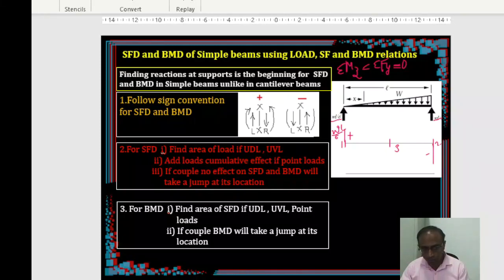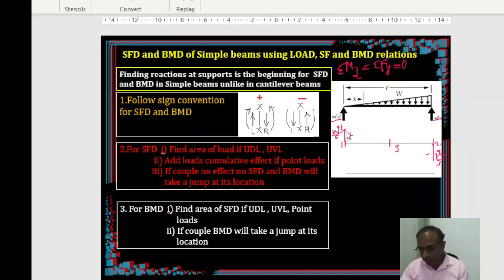Okay, so this component is WL by 3. Okay, now it's moving from positive to negative. That means minimally we can understand there must be 0 somewhere, right? So at some point it's going to be 0. So we are going to select that particular point as 3, right?